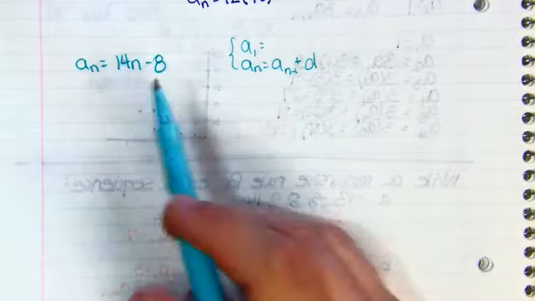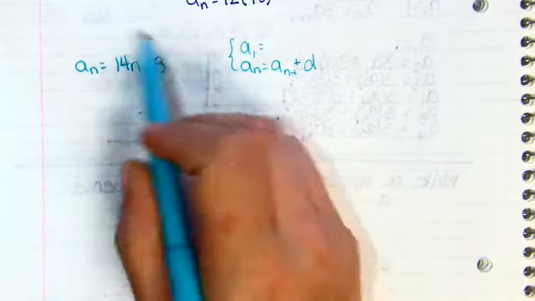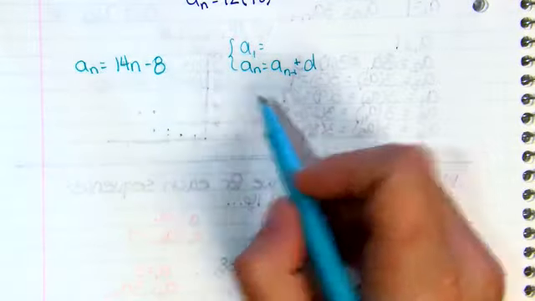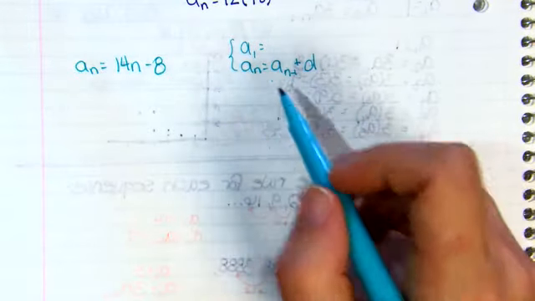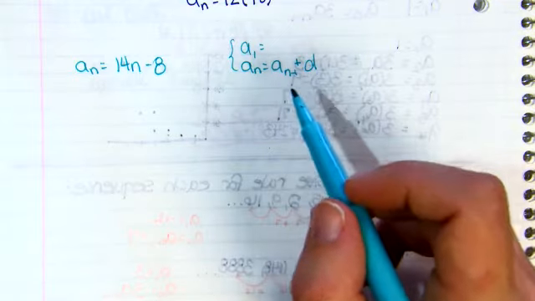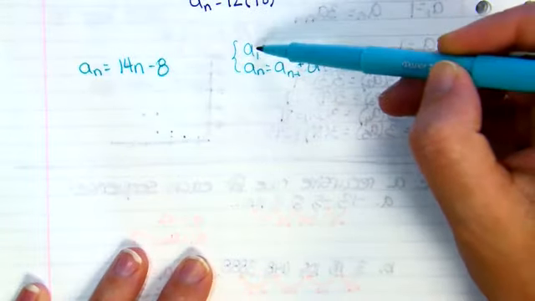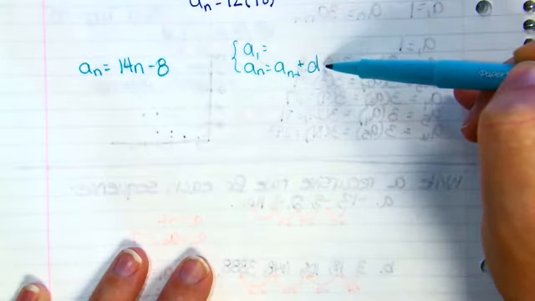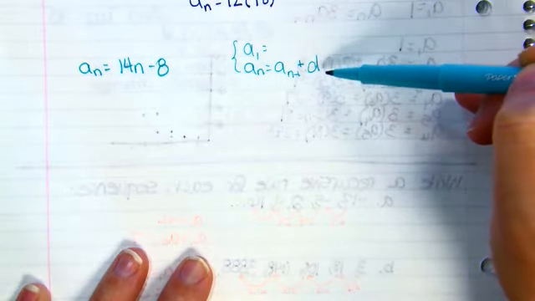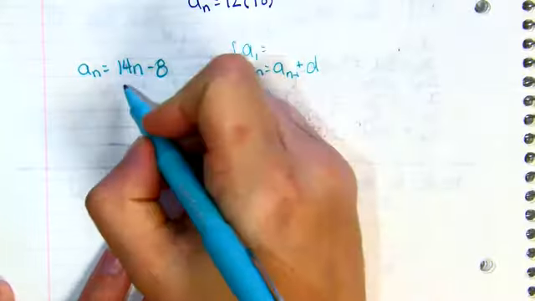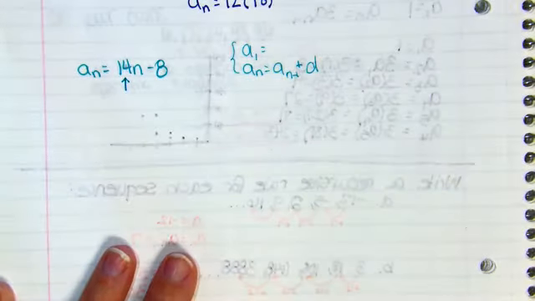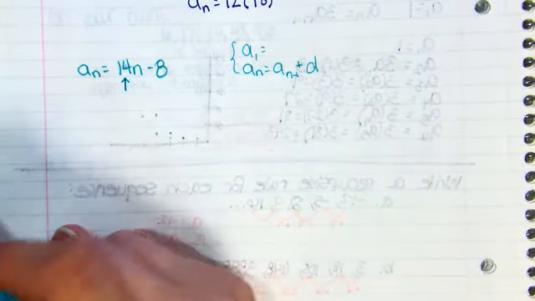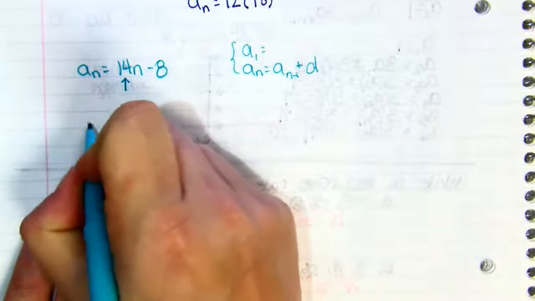Okay, we can also go the other direction here. Here's my explicit rule for an arithmetic sequence, and I want to come up with my recursive rule. So remember that for the recursive rule, we need our first term and we need our common difference. My common difference is that 14, but what I don't know is my first term.